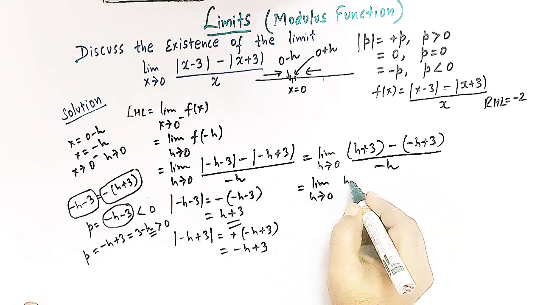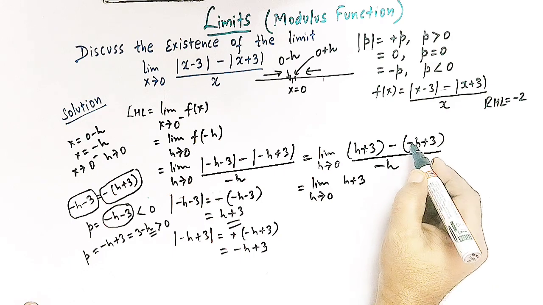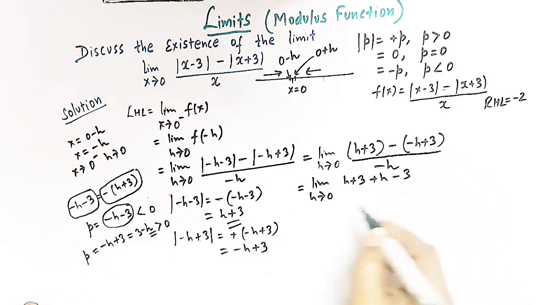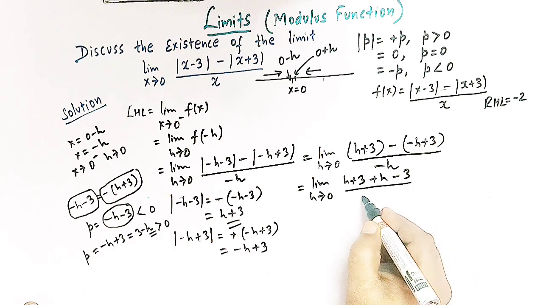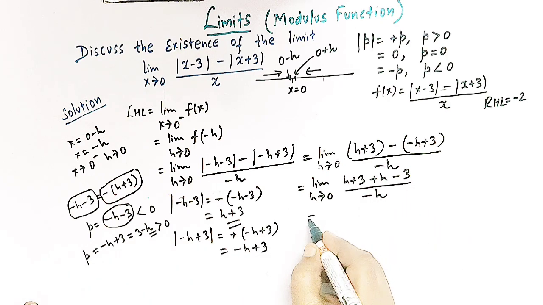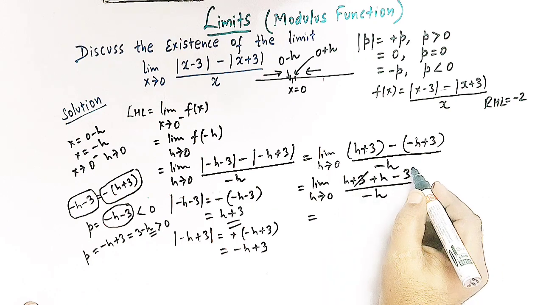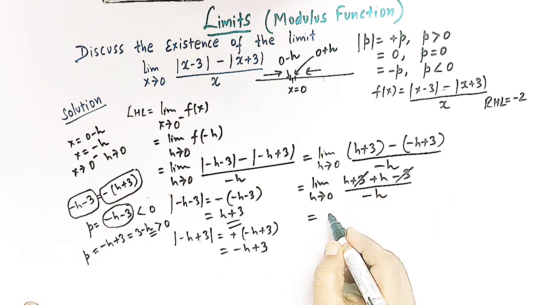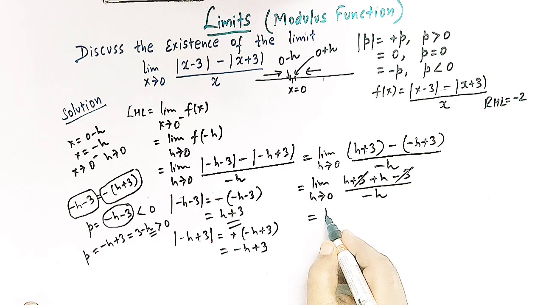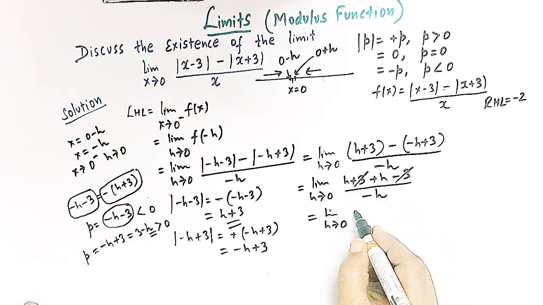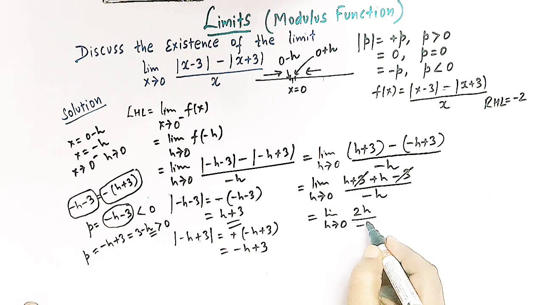So here we have h plus 3, minus and minus plus, and here we have minus 3. So in this case we have minus h in the denominator. So now again this 3 and this 3 get cancelled, right? And we are now left with limit h tends to 0. H plus h is 2h, and here we have minus h.